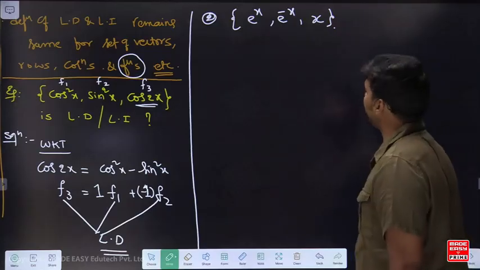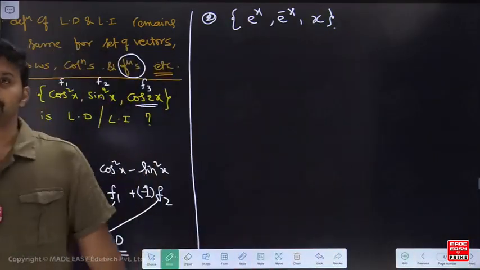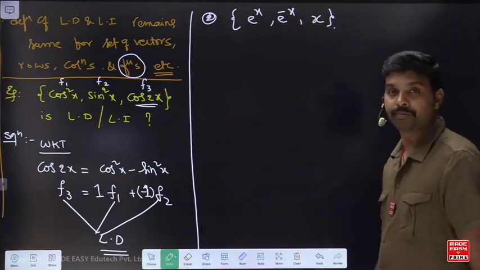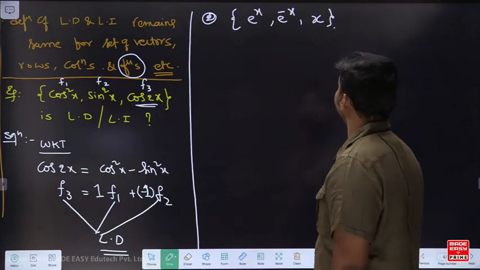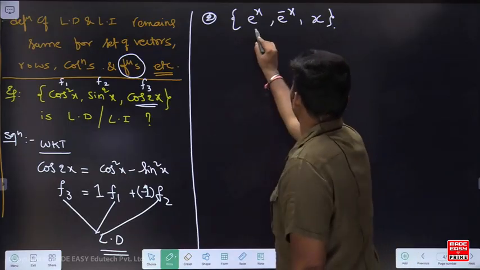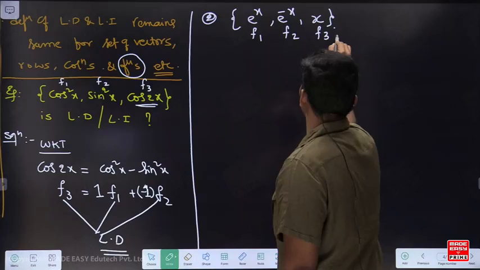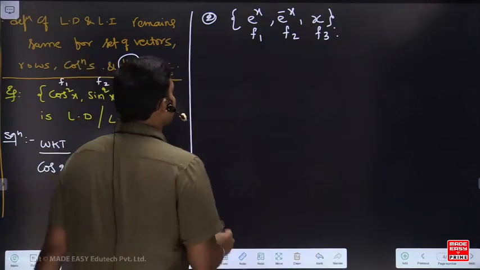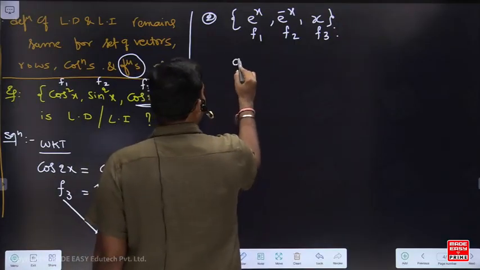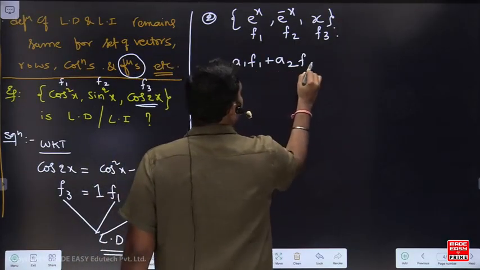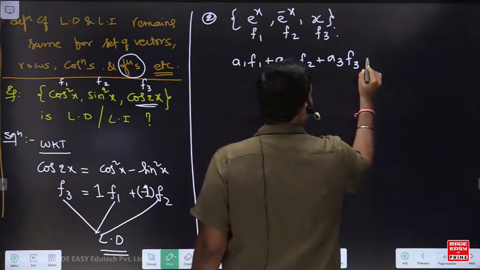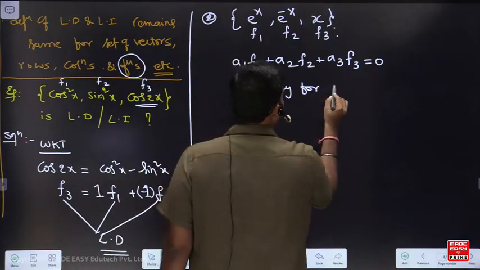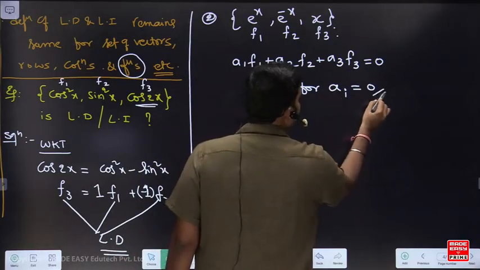So these things: e power x, e power minus x and x. Here this is F1, this is F2, this is F3, right? Now we can say very clearly here, A1 F1 plus A2 F2 plus A3 F3 is equal to 0 only for all Ai equal to 0.